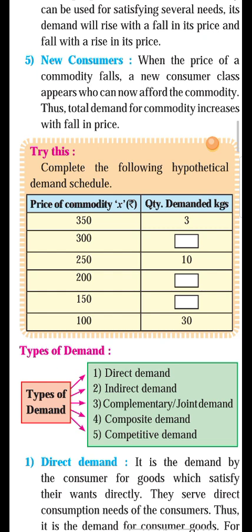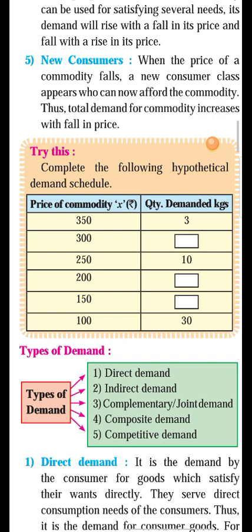The demand will increase. So we have to fill these boxes by taking some imaginary numbers. The first is 3 and the third is 10. When the price decreases, demand will increase.